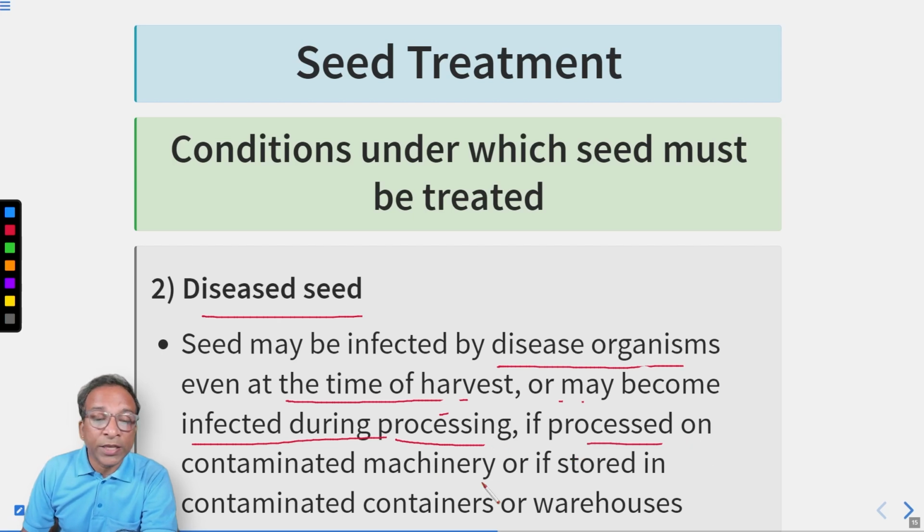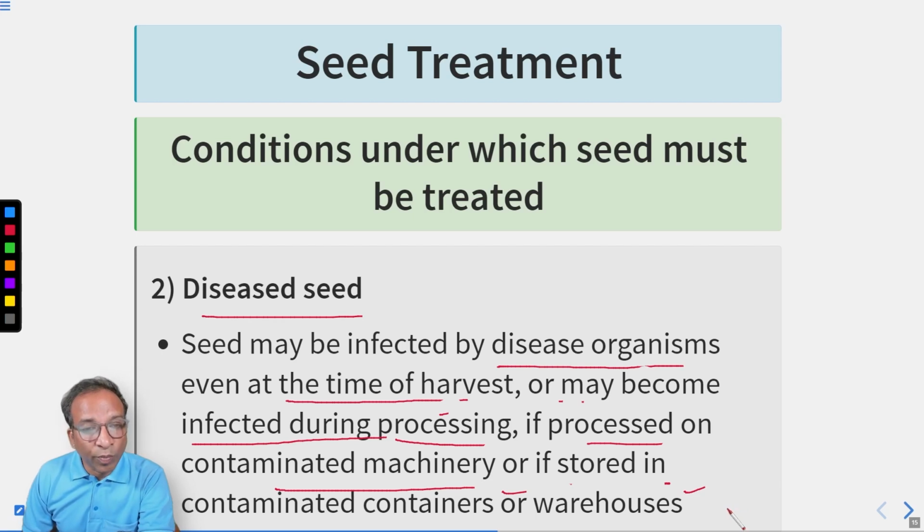If seeds are processed on contaminated machinery, or stored in contaminated containers or warehouses where earlier seeds had some disease, then our seeds will also get a seed-borne disease, right?